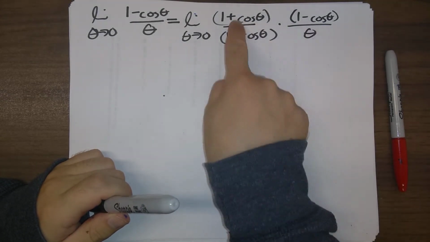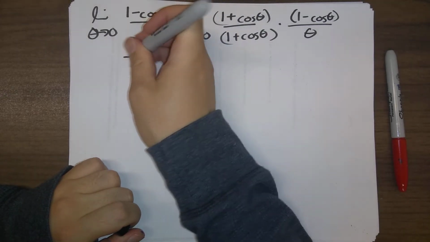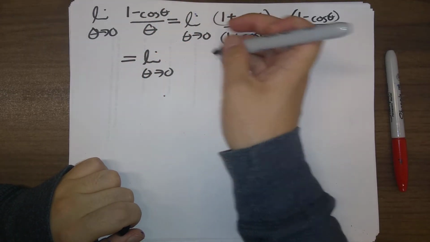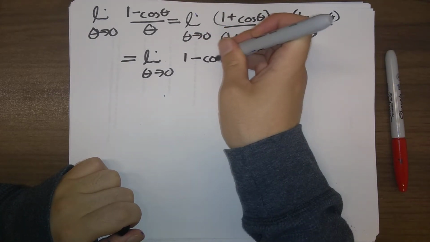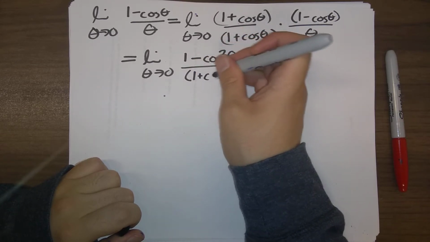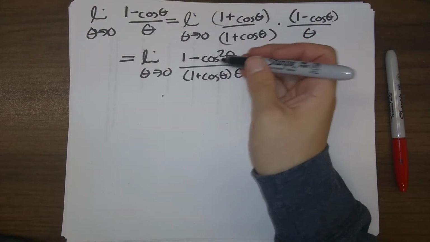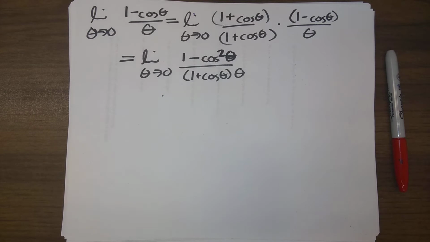Well, the numerator, 1 plus cosine theta times 1 minus cosine theta, that's a difference of two squares. So the numerator is 1 squared minus cosine squared theta, and we'll leave the denominator untouched. Okay, so that is 1 minus cosine squared theta, that square is in the exponent there.